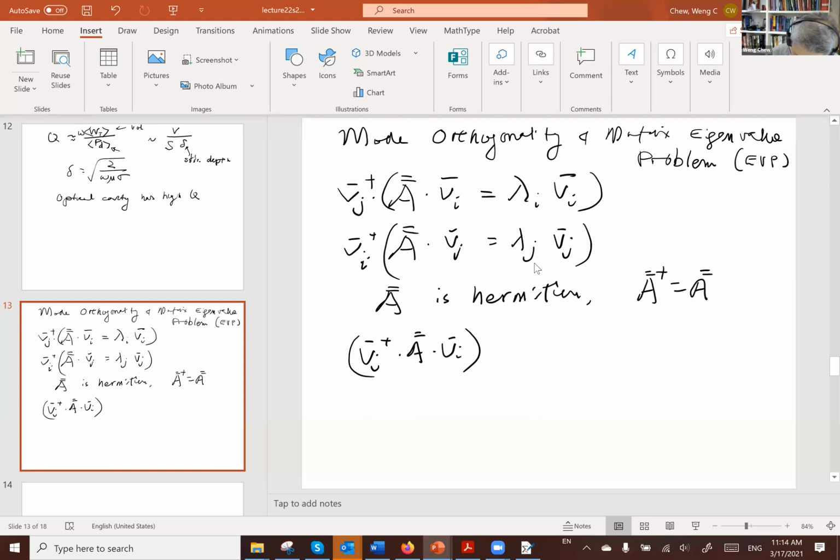And if it's a scalar number, then if you take its conjugate transpose, it should be Vi conjugate transpose dot A conjugate transpose dot Vj. If I just take the conjugate transpose of this, this should be a J.